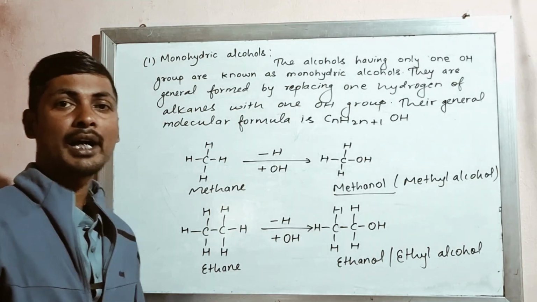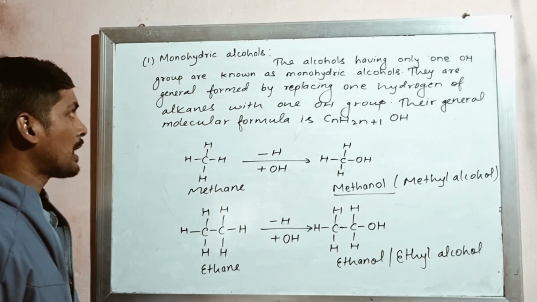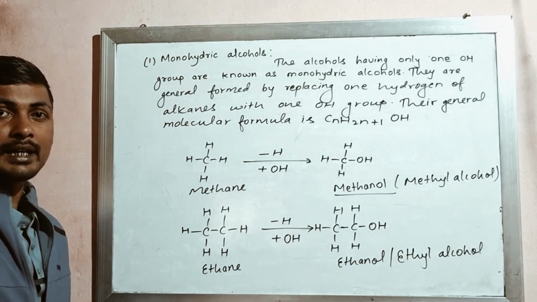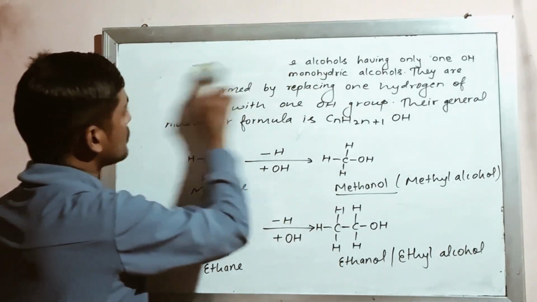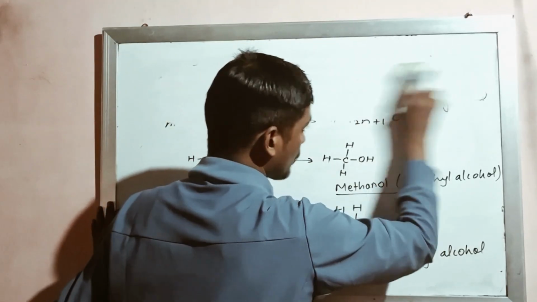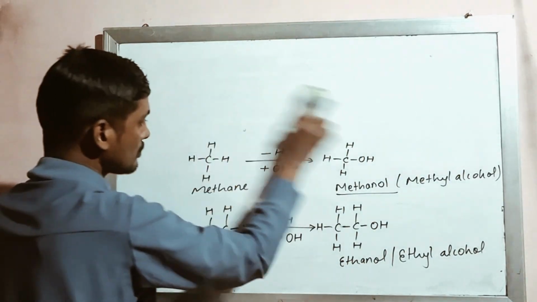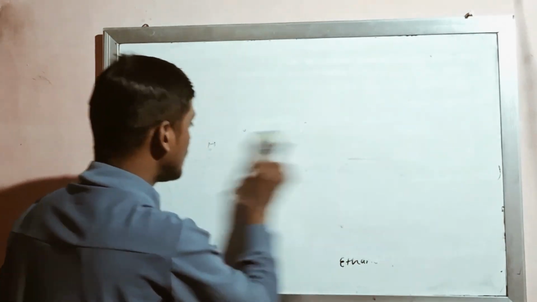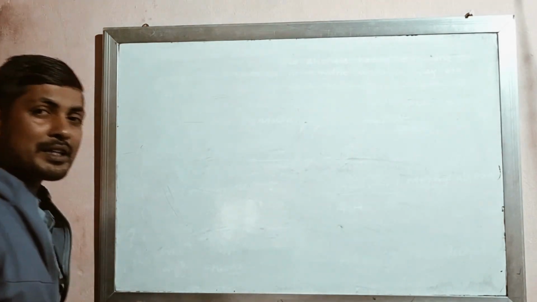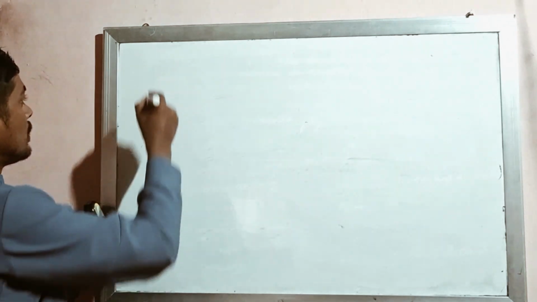Now, after the monohydric alcohol, the next one is dihydric alcohol. What are dihydric alcohols? Here di means two, mono means one, di means two.